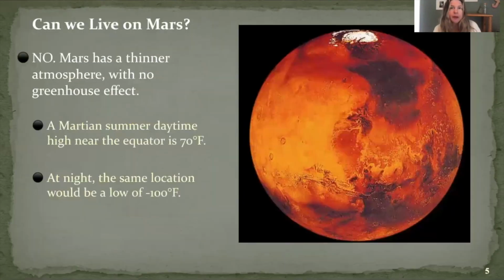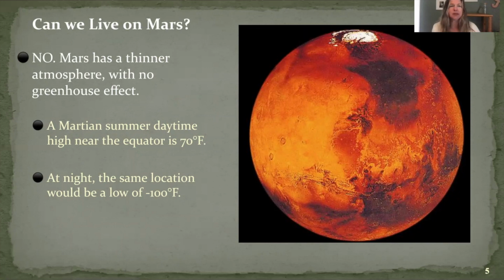So, for example, could we live on Mars? Short answer, no. Mars has a thinner atmosphere with no greenhouse effect. There's other reasons too why living on Mars would be hard. Someday you pull this up from YouTube in 1,000 years and say, here we are on Mars, this Mitchell was wrong. Well, that's totally possible. But in general, no, because there's no real substantial air there, so there's no greenhouse effect.